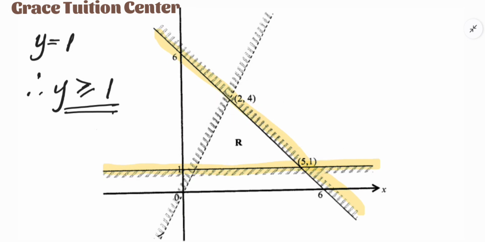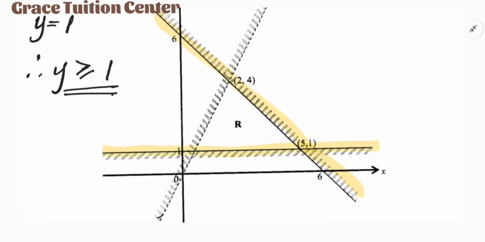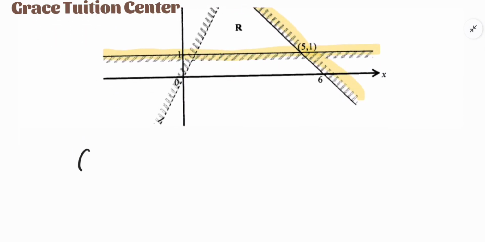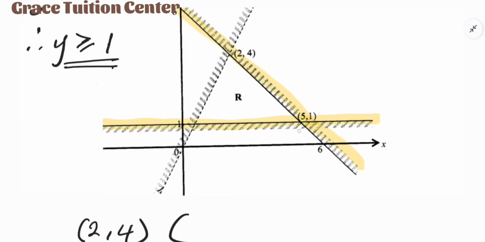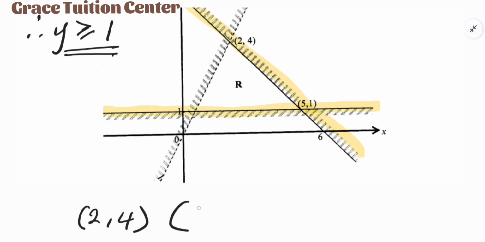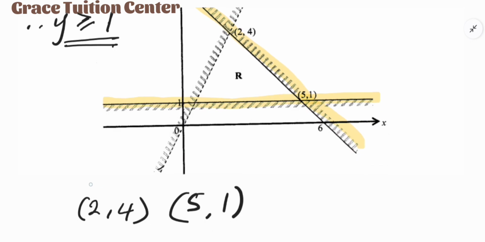Okay, so what we do is let me write down my points. The first one is (2, 4), so I'll come here and write (2, 4). And the second one is (5, 1), so I'll write my (5, 1) there. Once I'm done with my points, the next thing is to name them. The first one will be x1, y1. Then this will be x2, y2.